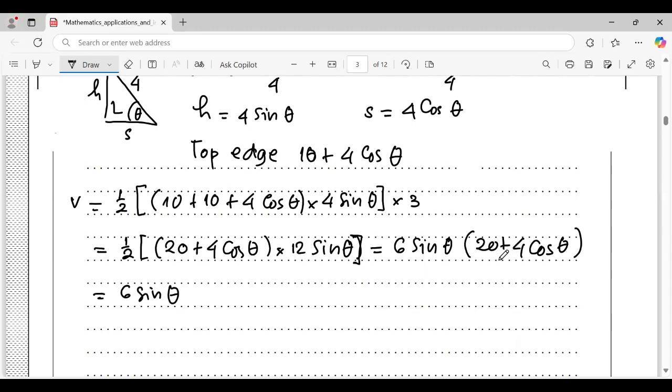Factorize this term, 4 times 5 plus cosine theta. So it is 24 sine theta times 5 plus cosine theta. So proof.